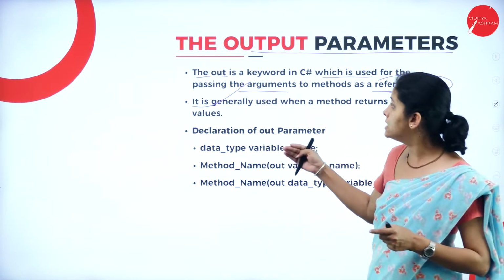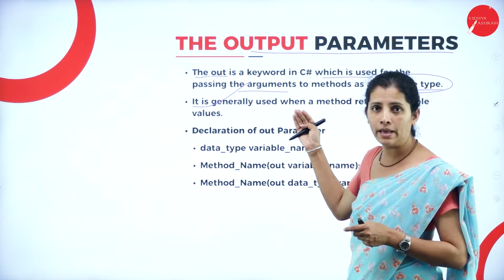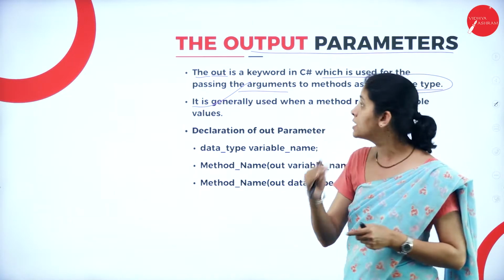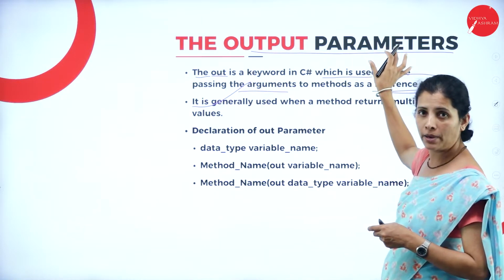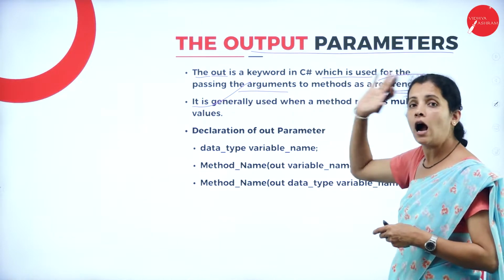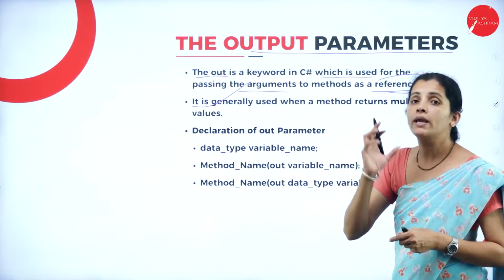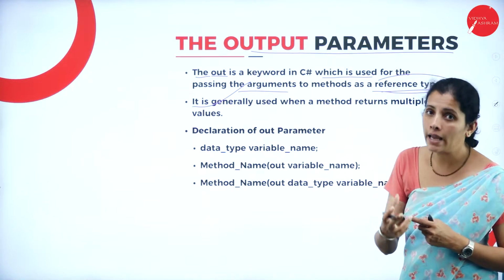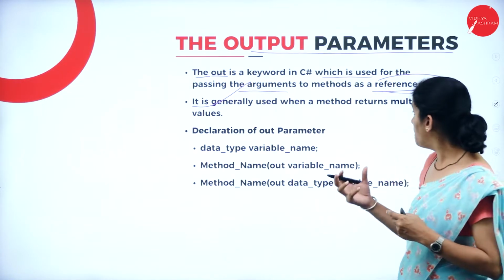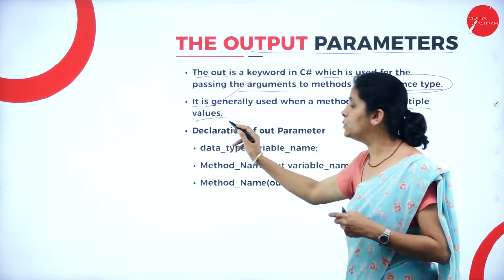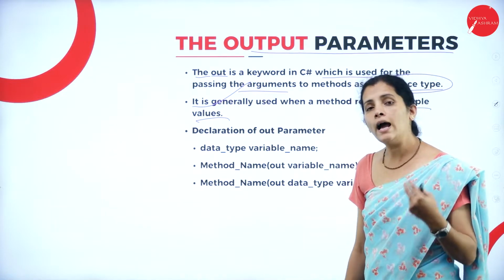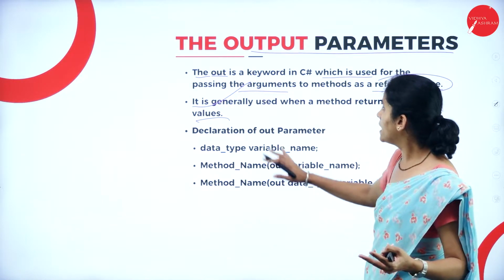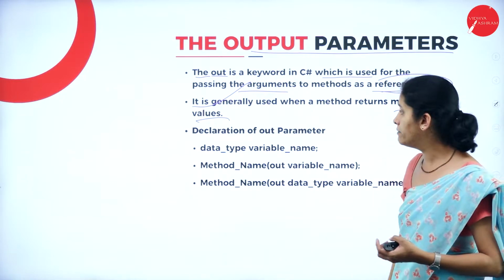But in C# programming, there is a special feature called output parameters. By using output parameters, we can return multiple values. That means when I want to return multiple values, then I can use the out keyword.